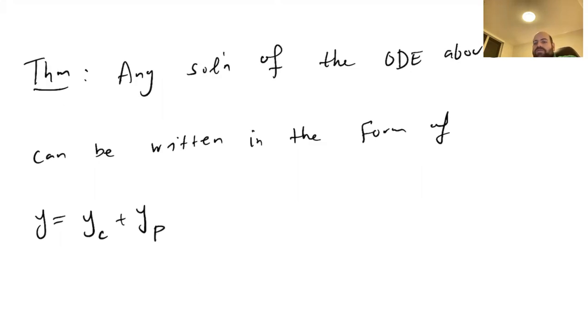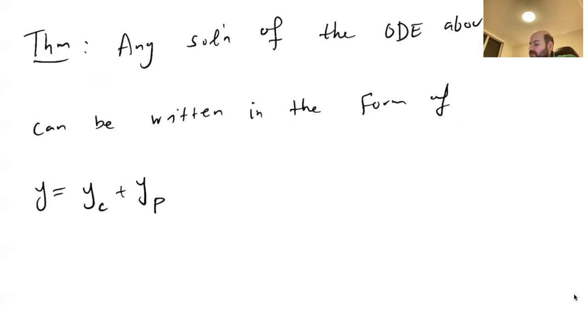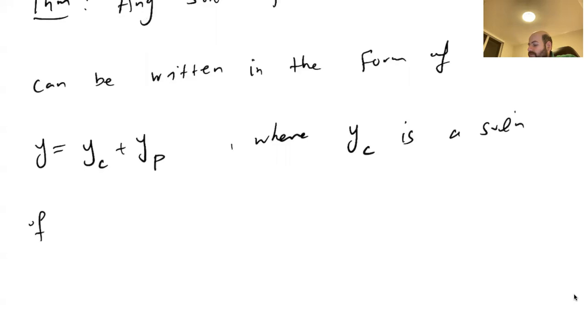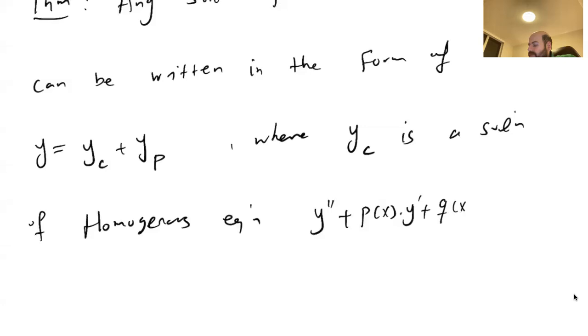I'm going to explain what yc denotes here and what yp denotes, where yc is a solution of the homogeneous equation y double prime plus p of x y prime plus q of x y equals 0.